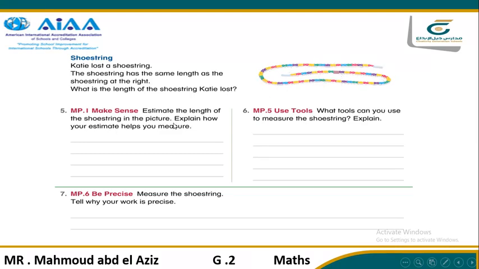Our question here: we want to estimate the length of this shoestring, and we want to explain how your estimate helps you measure. Another question: which tool will you use here to measure this shoestring? And the third question here: measure the shoestring and tell why your work is precise.